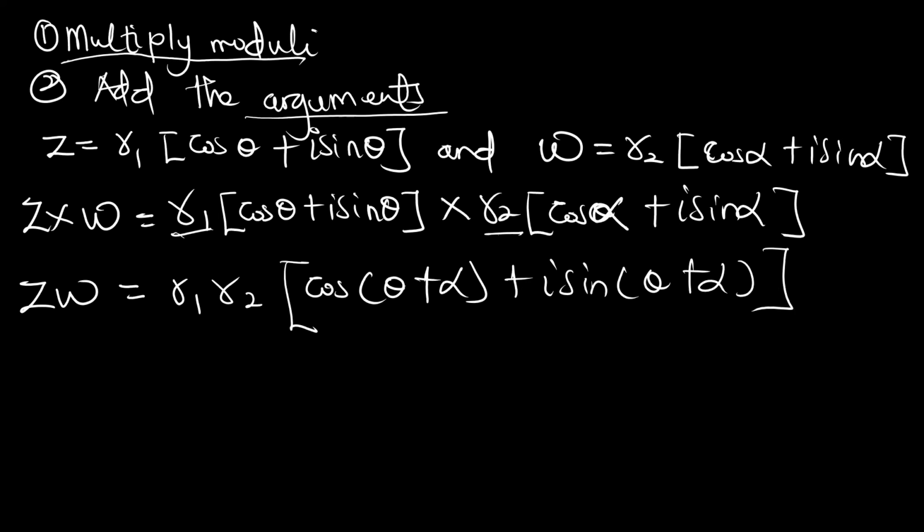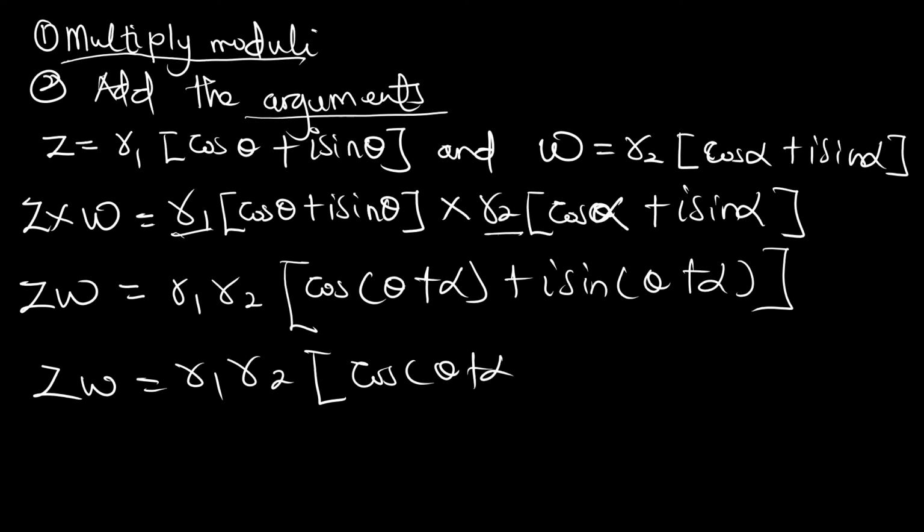At the end of the day, this is going to be our final answer: r1 r2 (cos (theta plus alpha) plus i sin (theta plus alpha)). Okay, so this is how we multiply two complex numbers in the polar form.